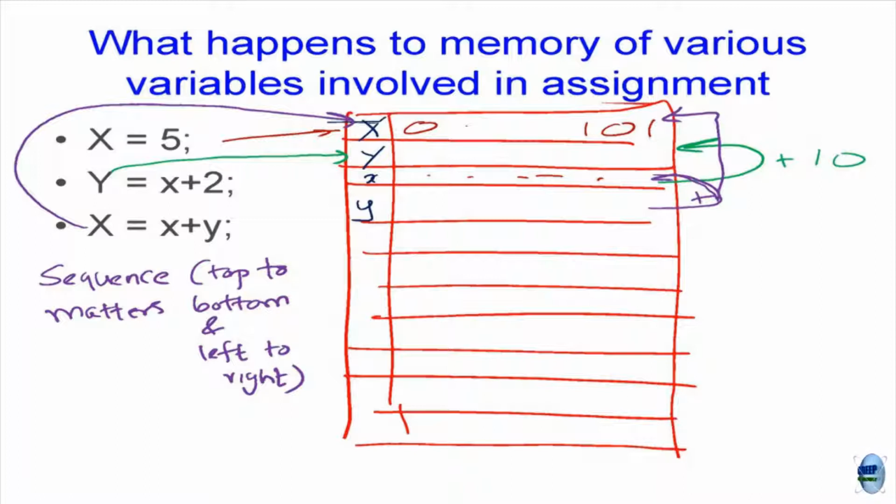Now we'll associate with each cell the variables. Let's say this is capital X, this is capital Y, small x, small y, amongst many other variables. What exactly happens when you say capital X equals 5?